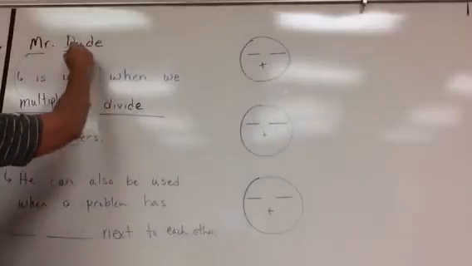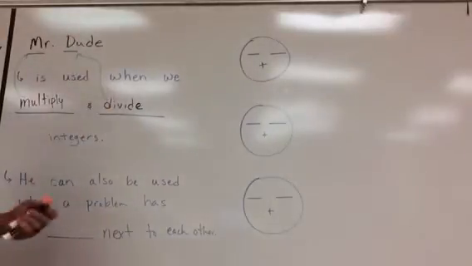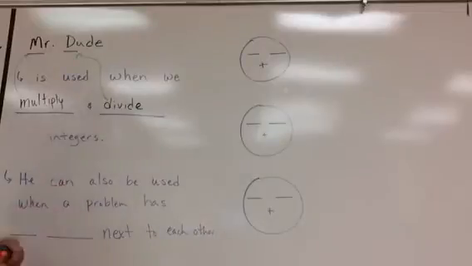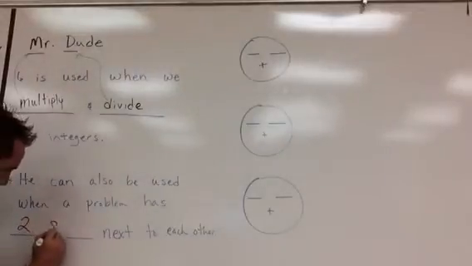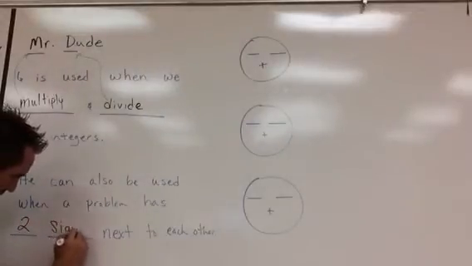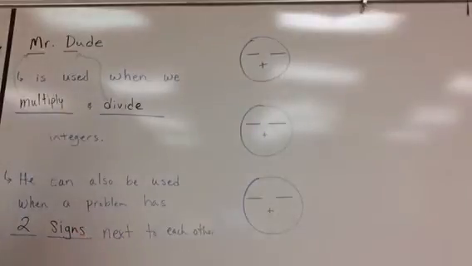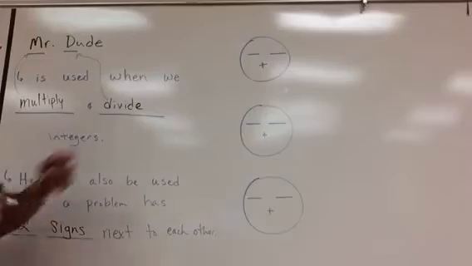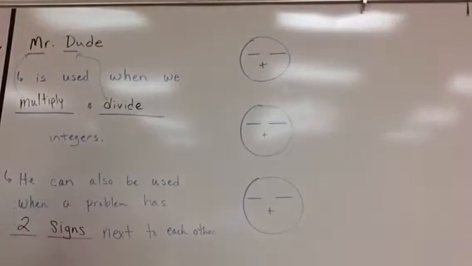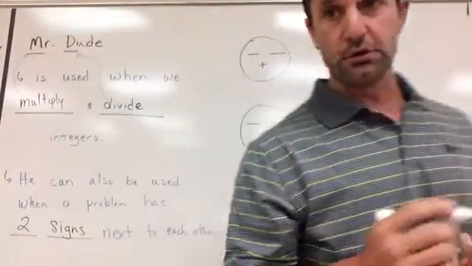And the D in Dude is also underlined, again, division. Mr. Dude can also be used when a problem has two signs next to each other. And I'm going to talk about this one in a little bit. Let's come over here and let me show you the example of how Mr. Dude works.